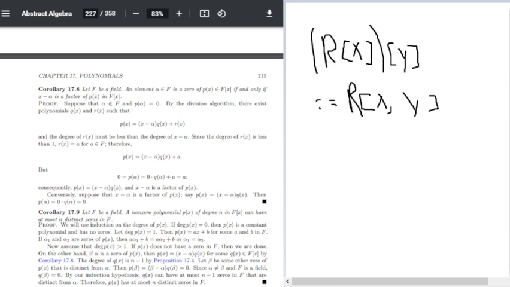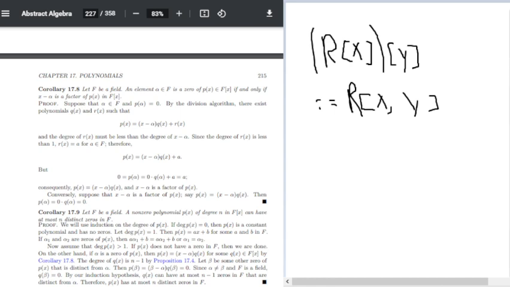Since the degree of r(x) is less than 1, r(x) is equal to a for a in F. Therefore, p(x) is equal to (x minus alpha) q(x) plus a. But 0 is equal to p(alpha), which is equal to 0 times q(alpha) plus a, which is equal to a. Consequently, p(x) is equal to (x minus alpha) q(x), and x minus alpha is a factor of p(x). Oh, that's really nice, actually.